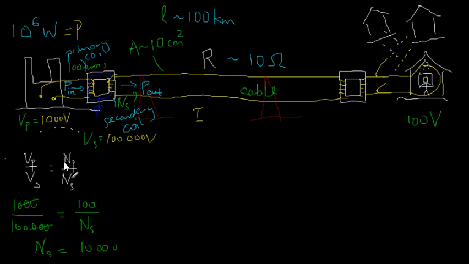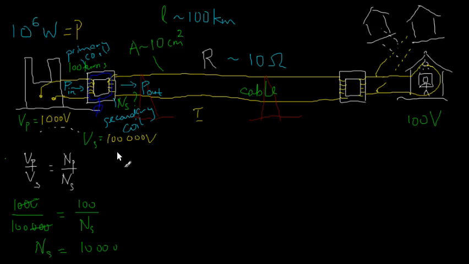So this is one way that we can use it. Now, suppose that I have this power of 1 megawatt generated by the power station, and I want to find the output current.